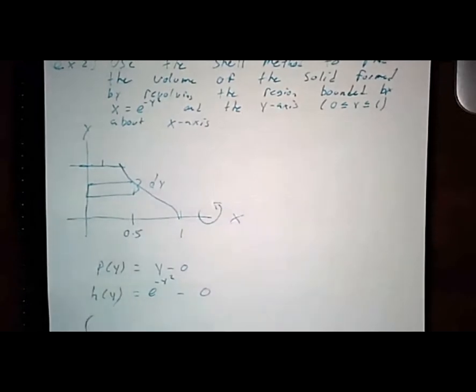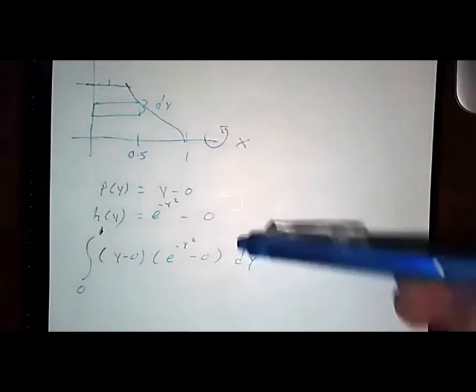So the integral will be from 0 to 1, because I told you 0 to 1 in the question, of rho times your height, dy. Does the setup make sense? Any questions on how we set this up?